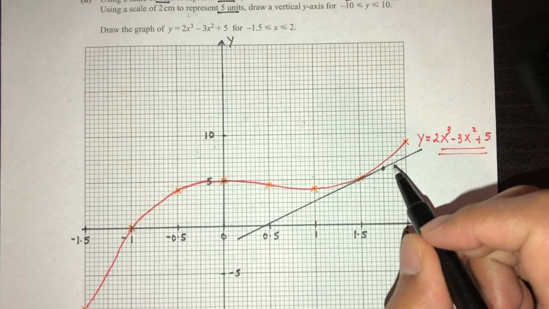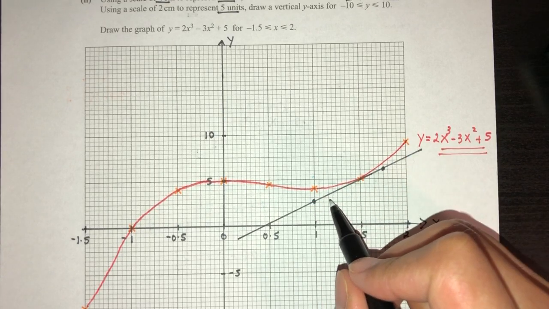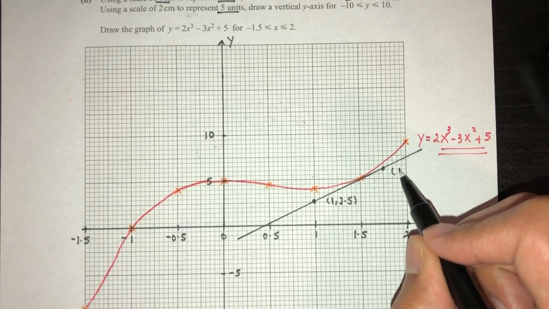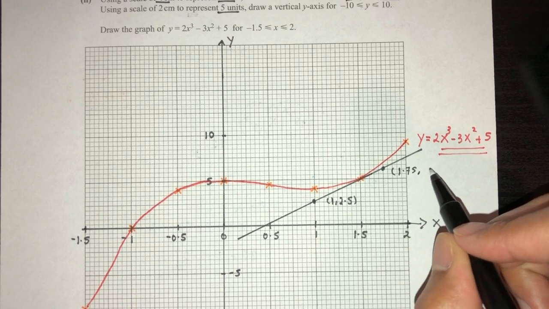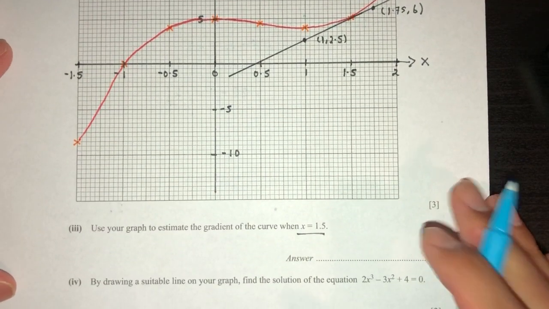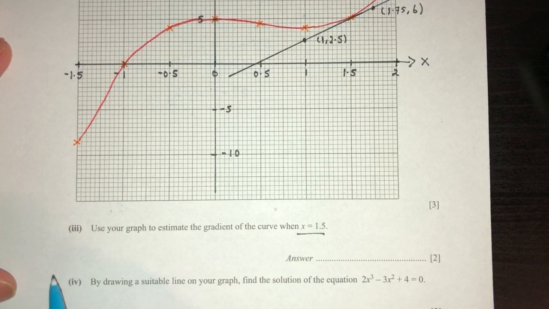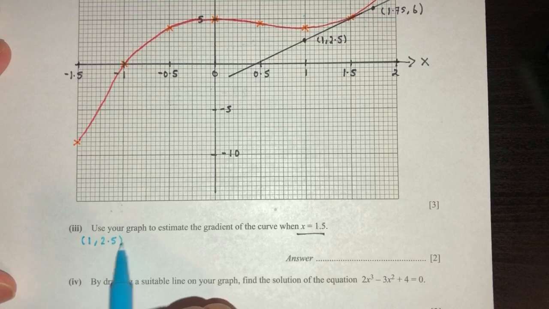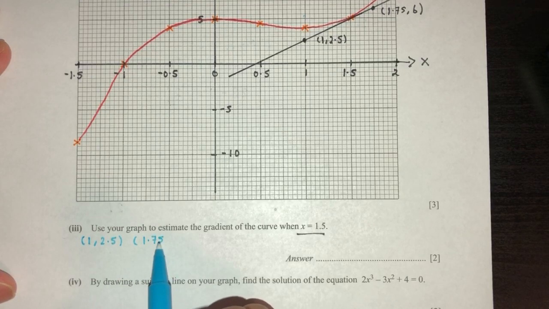Now we have to find 2 points on 2 sides. We have this point, and we can use this point. This point is 1 and 2.5. This one is 1.75, and that will be 6. So let's use those 2 points to find the gradient of your curve at this point. So that will be 1, 2.5, and 1.75, 6. m will be 6 minus 2.5 over 1.75 minus 1.